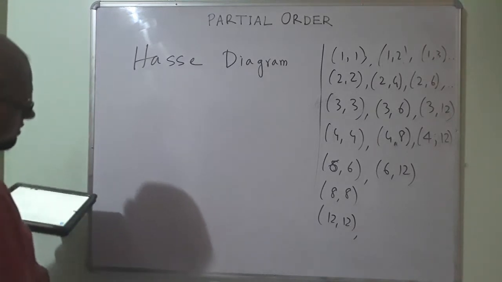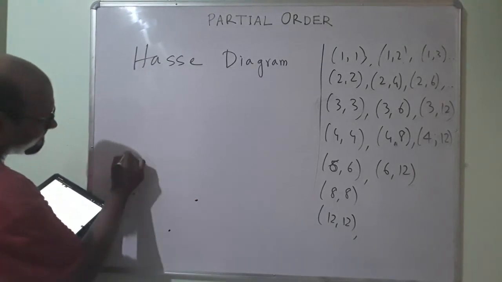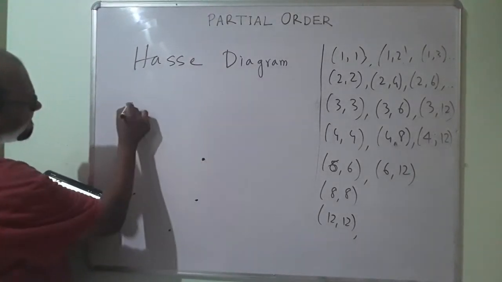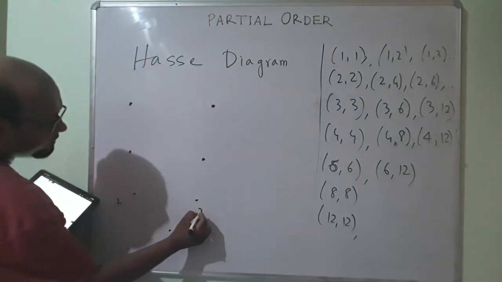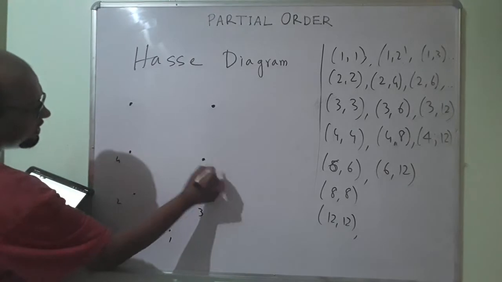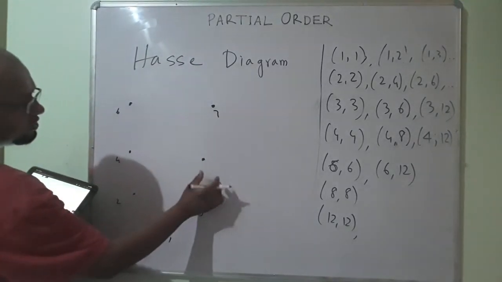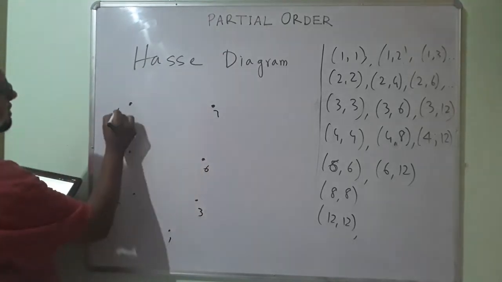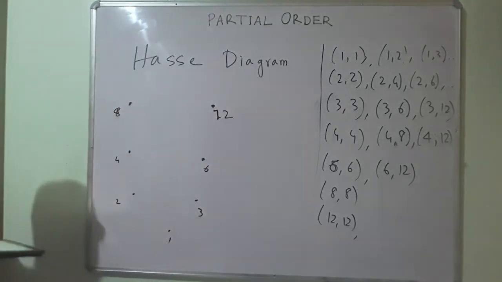This is too big, but anyway, let us go ahead and draw. So this is 1, 2, 3, 4, 6, 8, 12. These are all the elements of my set.